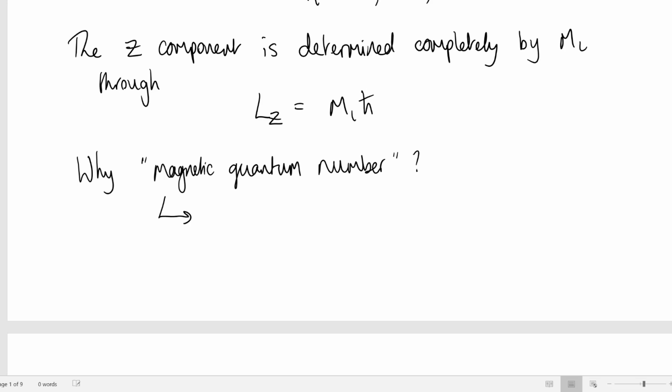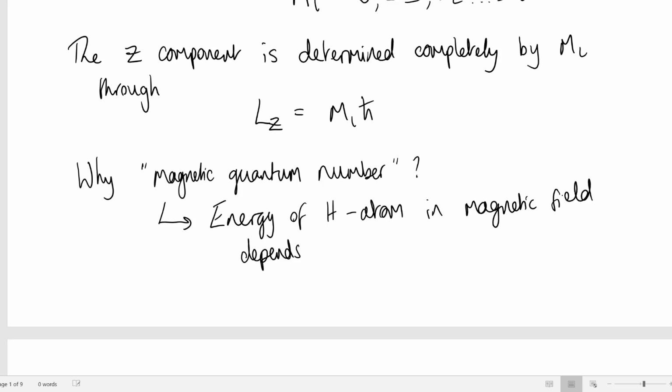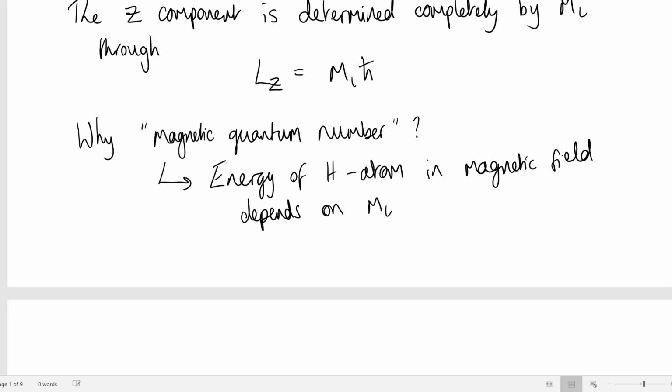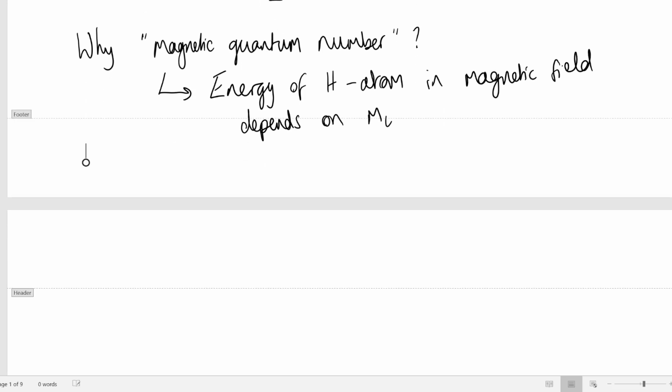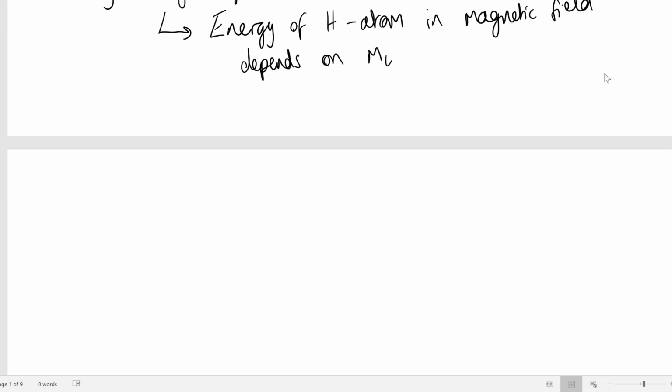Well, it turns out that the energy of the hydrogen atom changes depending on whether the atom is in a magnetic field or not. And that energy of the hydrogen atom depends on the magnetic quantum number. So let's take, for example, the 2p orbital. And we might imagine an energy level.